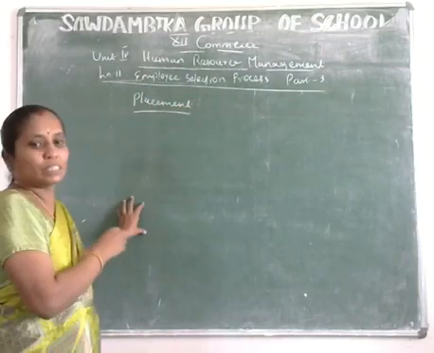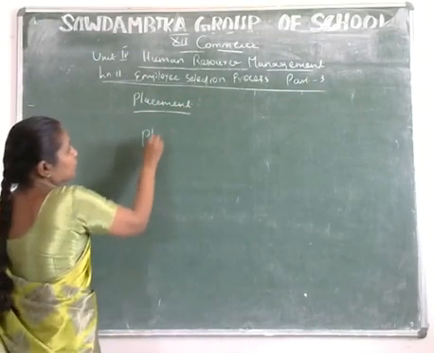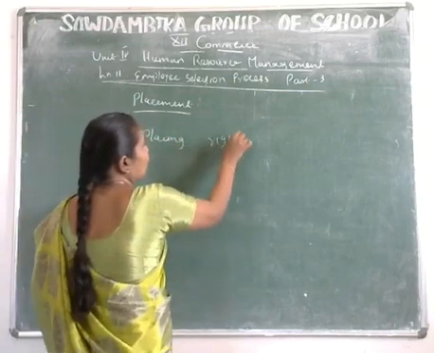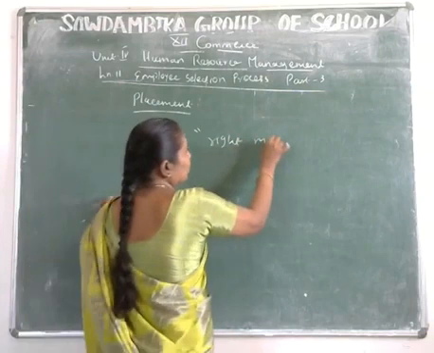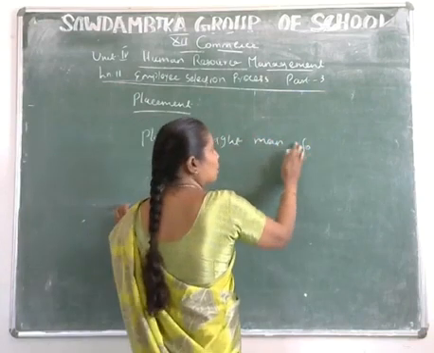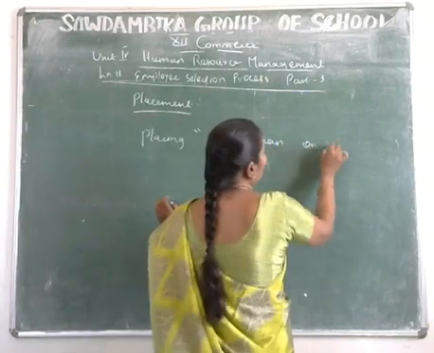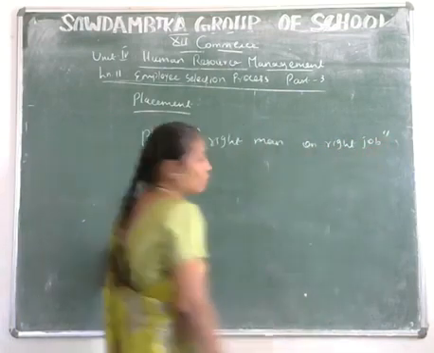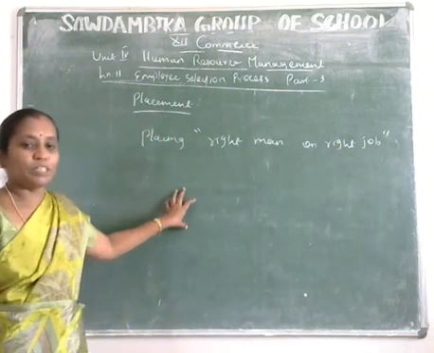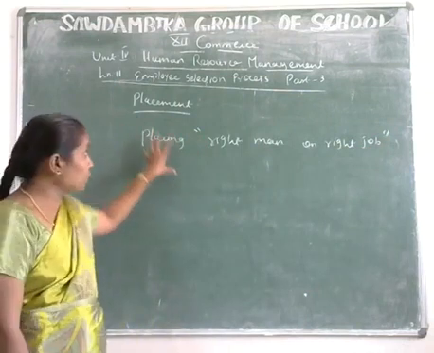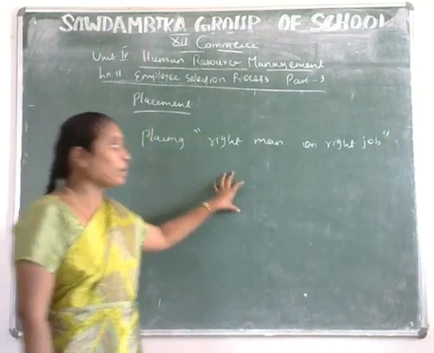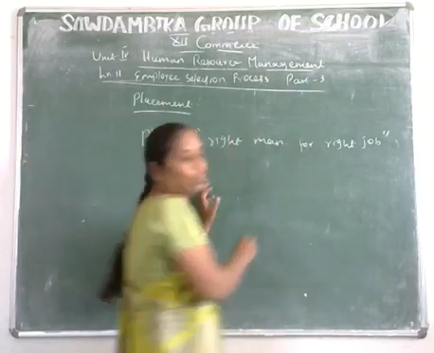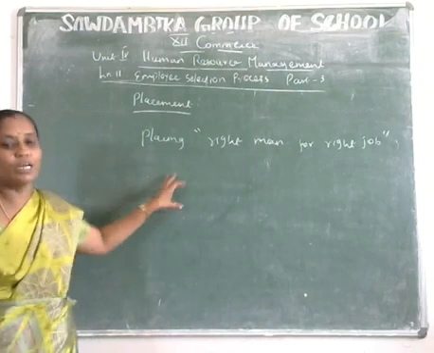Placement means placing the right man on the right job in the organization. Placement means placing the right man for the right job. Right man for the right job in the organization is called placement.